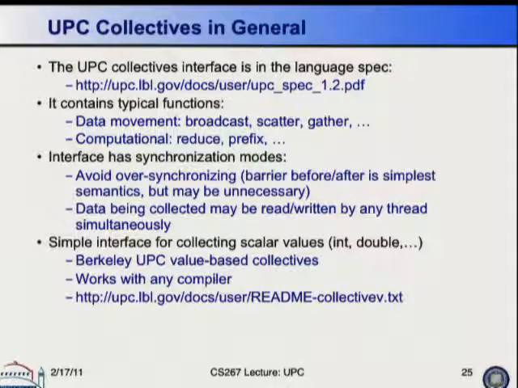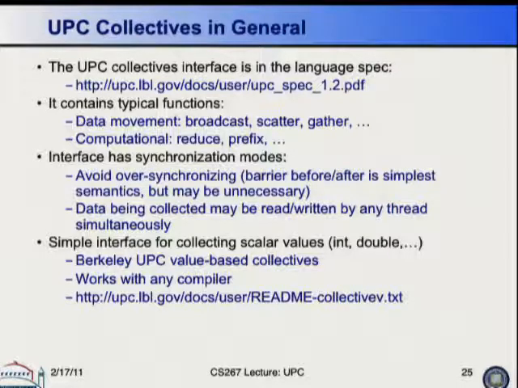In the spirit of high performance, and also of overlapping communication with computation and relaxing synchronization points, which are themes within UPC, we didn't want to force barrier synchronization where it wasn't necessary. So instead, there are different modes that say whether or not you're guaranteed that all the threads are together when they're calling the collective, and whether they're all exiting the collective at the same time. That gives you lots of different combinations of interfaces.